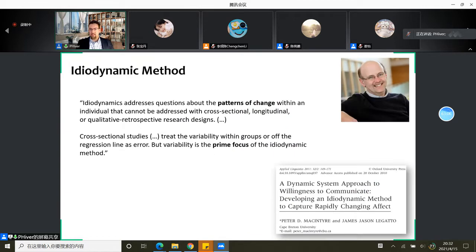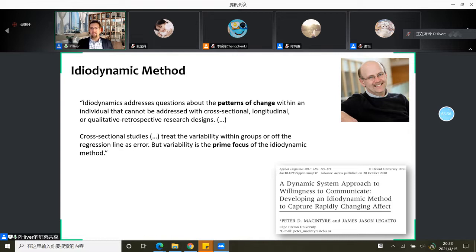So we're interested in scale, and what methods are available if we're interested in scale. One of them is the ideodynamic method. Now, unlike some conventional methods that average data from a group and try to find a central tendency or the group level variability, the ideodynamic method is much more interested in the individual level of outcomes and the processes.